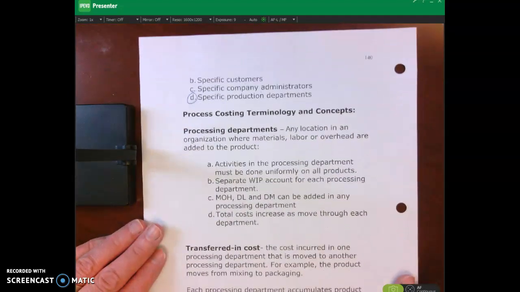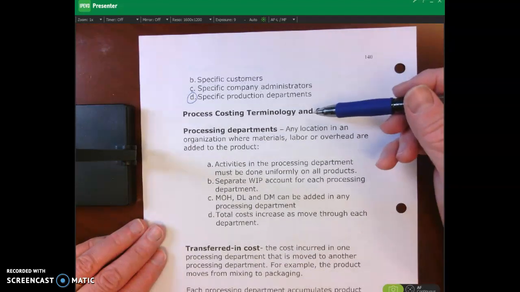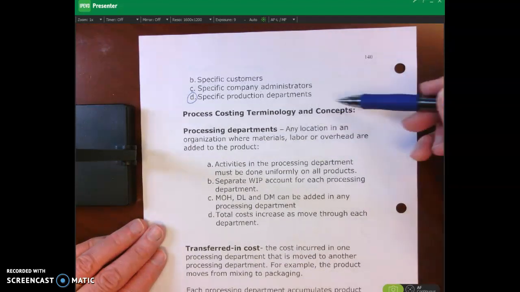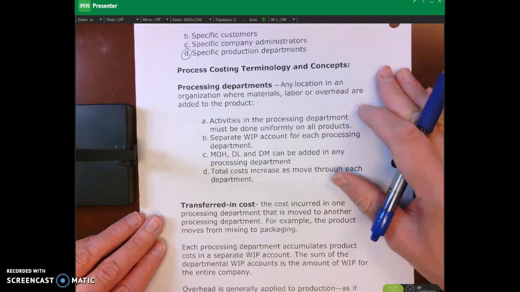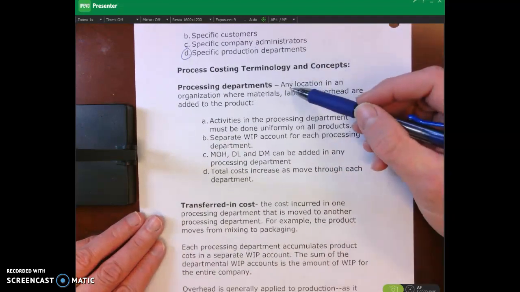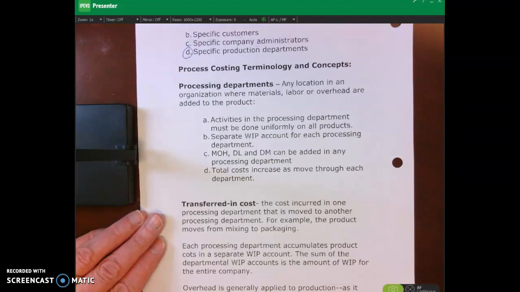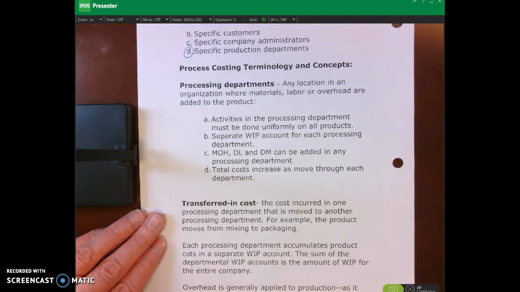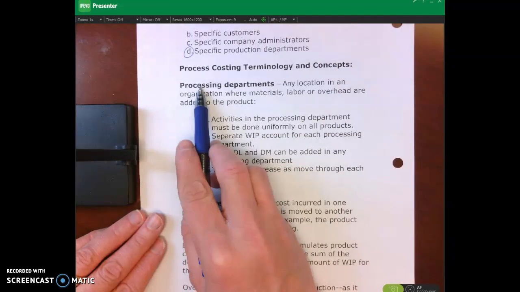We talk about the idea of process costing in some terms and concepts. When we talk about processing departments, that's what I was giving you that example of, where we have a mixing department and then a packaging department. Those are two examples of a processing department.